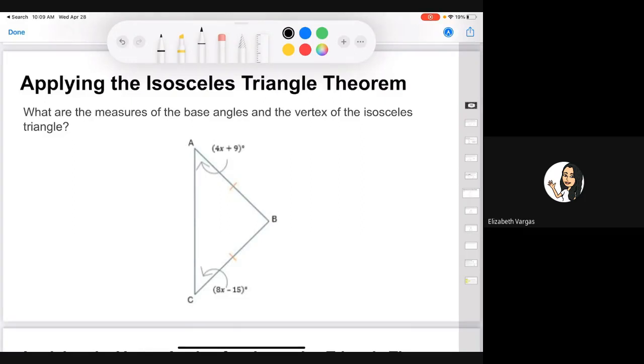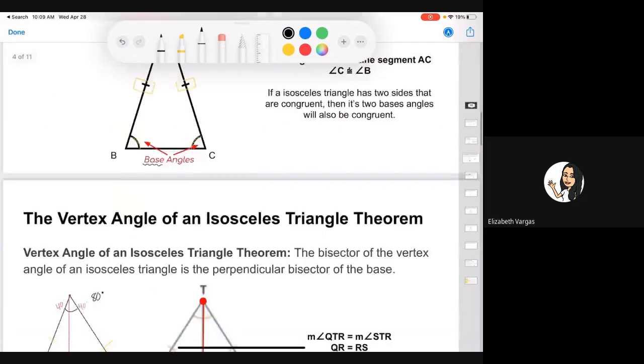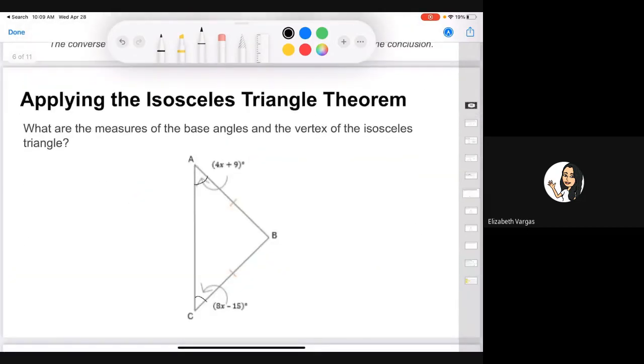It says, what are the measures of the base angle and the vertex angle of an isosceles triangle? Okay, well, what do we know? We know here we have an isosceles triangle. And we know that based on that, our base angles are congruent, right? We learned that from this one up here. So if our base angles are congruent, we can equal those two together to find x. Like this.